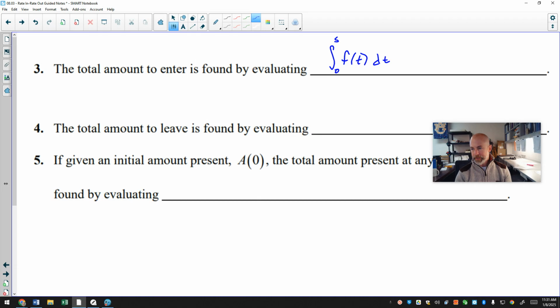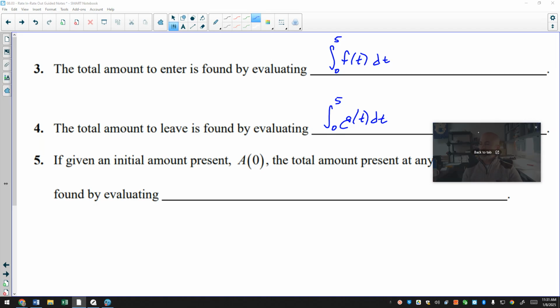You could say a to b if you want to make it a little bit more generic. But the total amount to enter is the antiderivative of the rate in, and the total amount to leave similarly would be the antiderivative of the rate out. So we go 0 to 5. And if I have the rate that people are leaving, or the rate that the object is decreasing, then the total amount of decrease is the antiderivative of that rate.